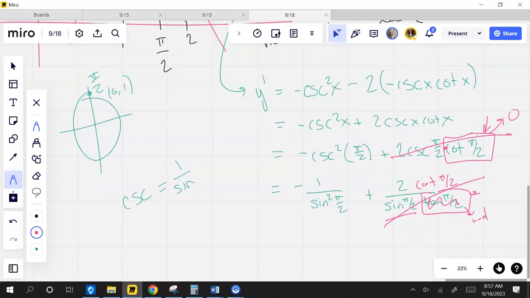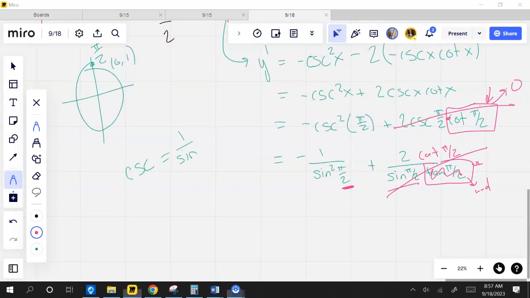So now the question is, what is the sine of pi over 2? Again, I'm up here at the top, at this point right here. What's the sine of pi over 2? 1, and I'm squaring it. So what's the slope?